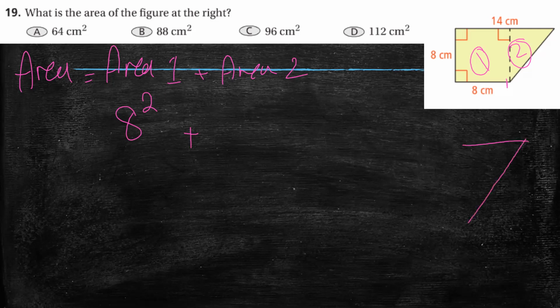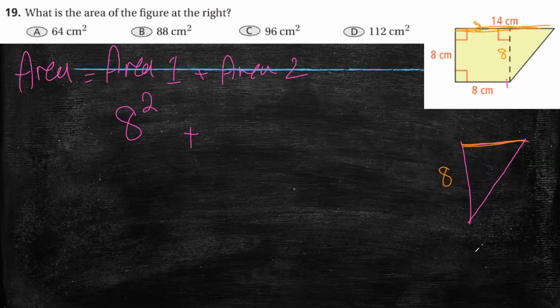In this triangle, since here is 8, the height here will be 8, and here also it will be 8. So now I need to find the area of the triangle. I need the height, which is 8, and also the length of the base.